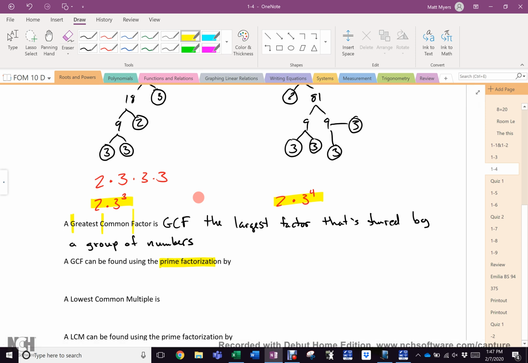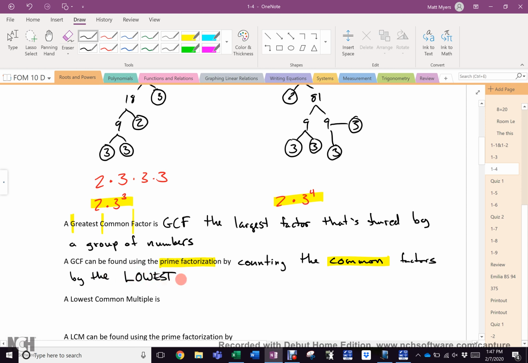No. So when you get to prime factorization, you can find the GCF by counting the common factors by the lowest exponent.